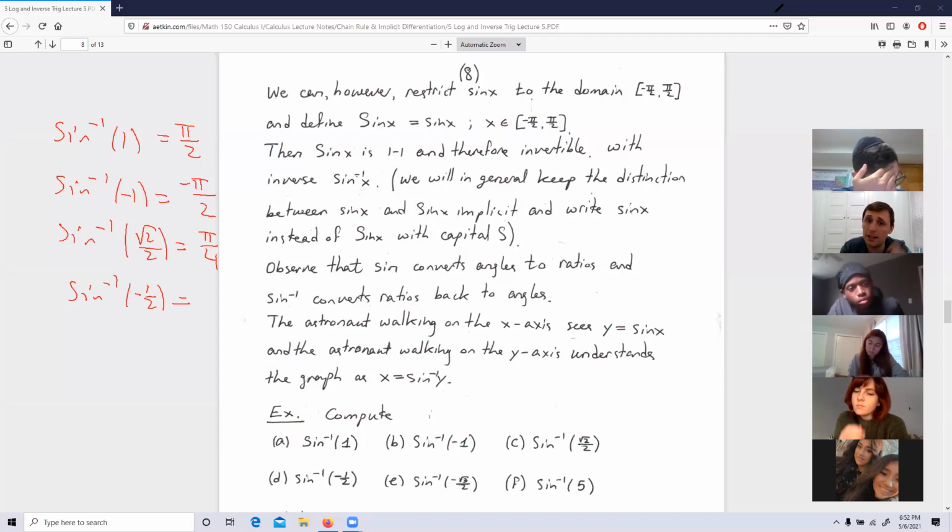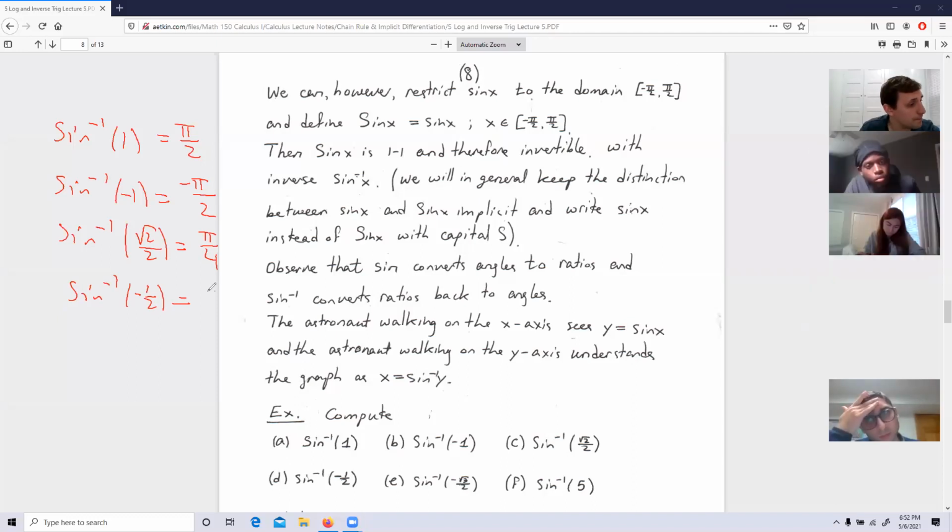Remember, we spent 3 lectures, if not more, on trigonometry. I hope it was not for nothing. Now, sine inverse of minus root 3 over 2, please. What is that?